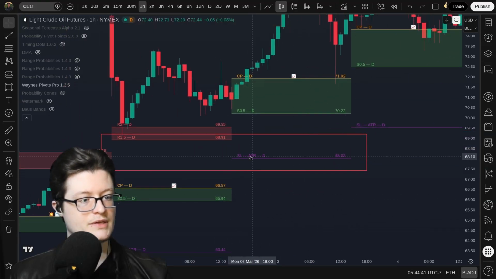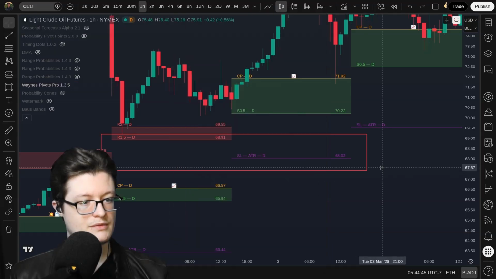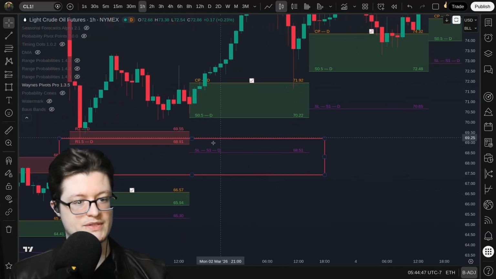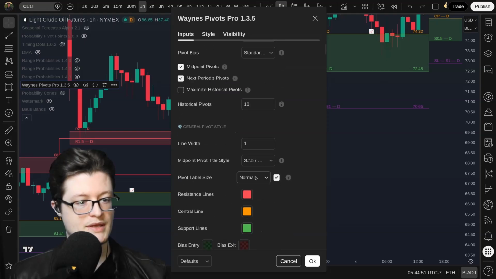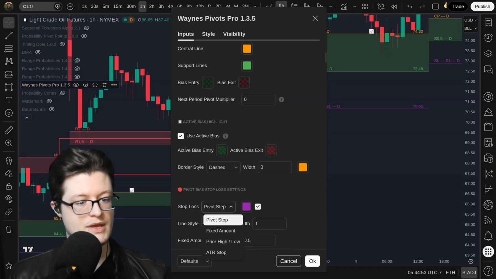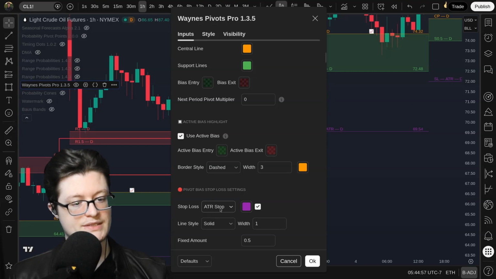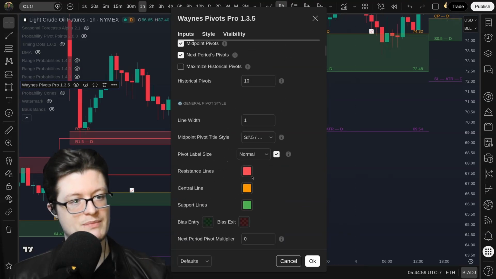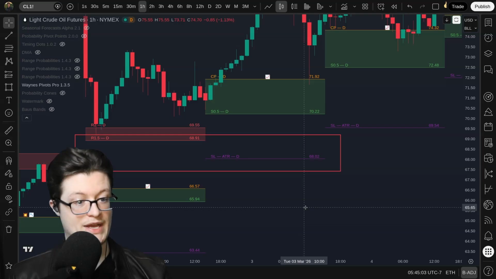And you can see, compared to the pivot stop, the pivot stop is a bit higher, and the ATR stop is a bit lower. In the new indicator, the setting to switch between the different stops is going to be right here at the very top, so you don't have to do all that extra scrolling.